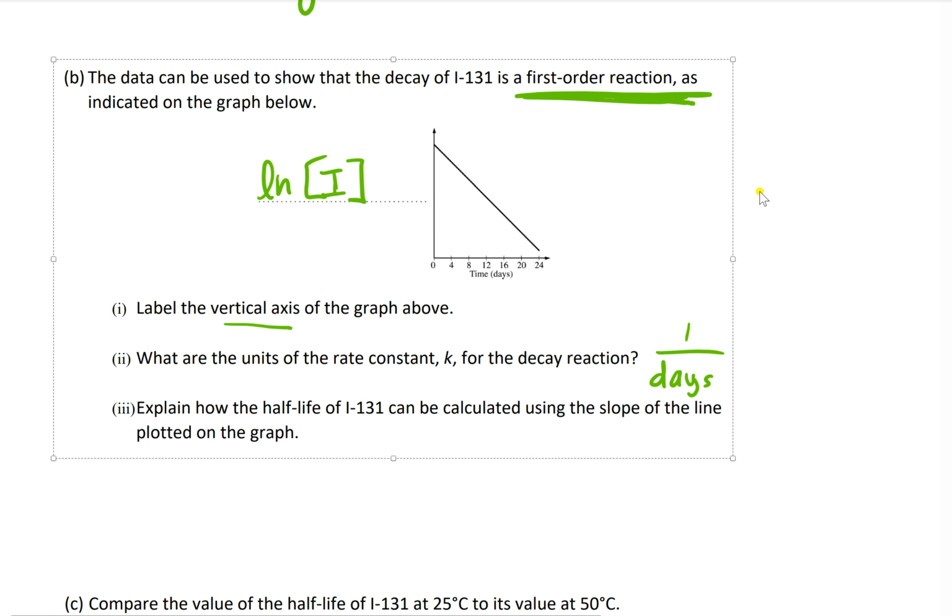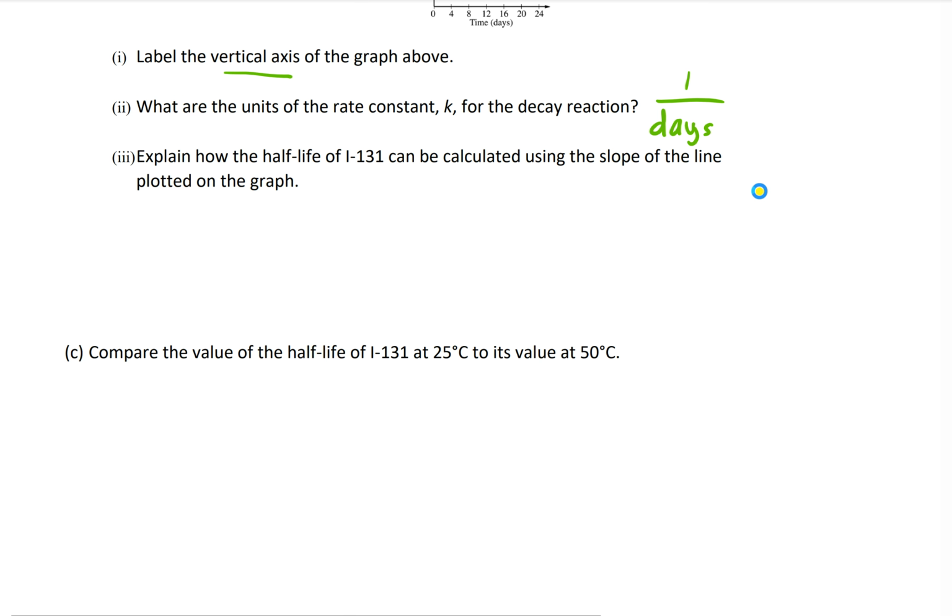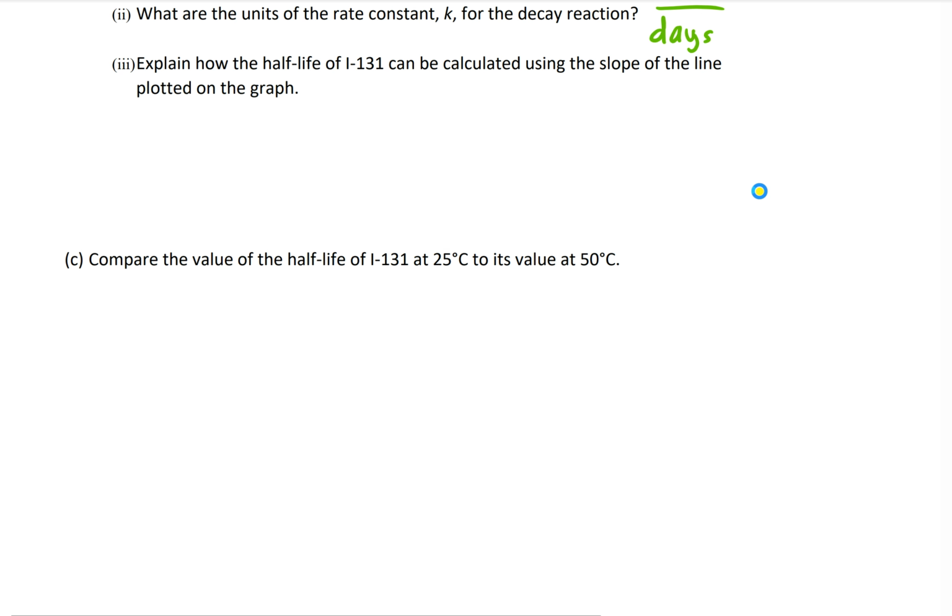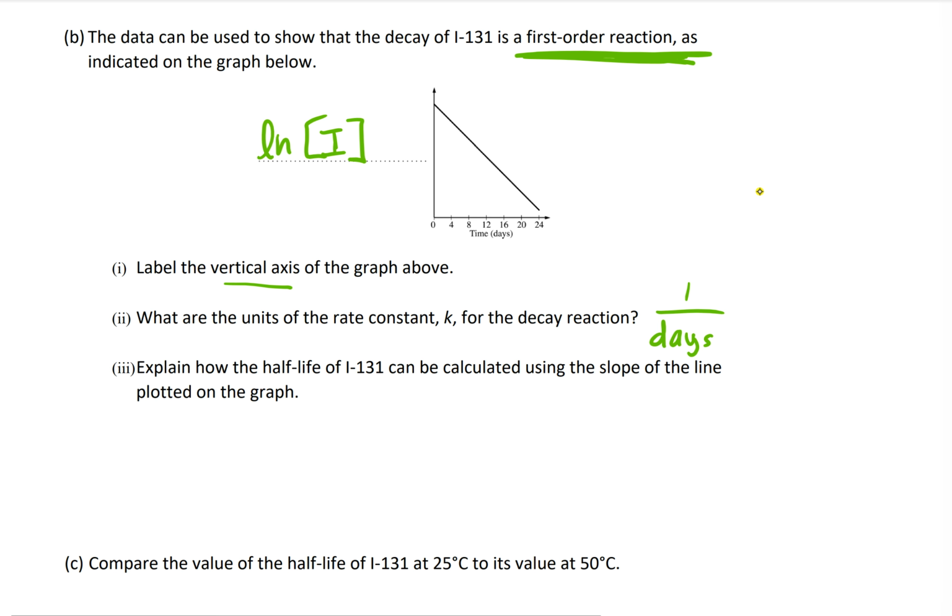Part 3, explain how the half-life of iodine-131 can be calculated using the slope of the line plotted on the graph. So if I have this graph, natural log of iodine on the y-axis versus time, I remember that K, your rate constant, is the absolute value of the slope of the line in natural log of iodine versus time.